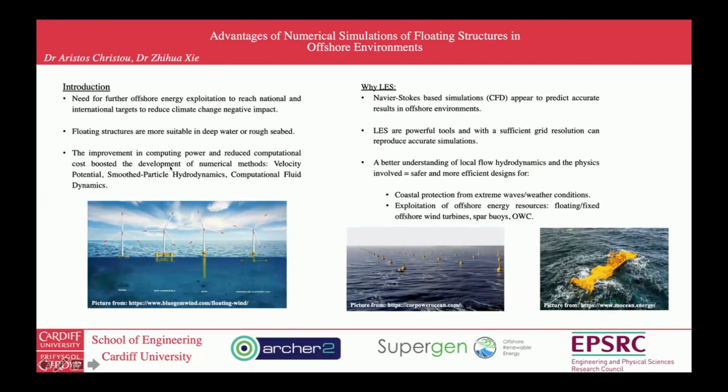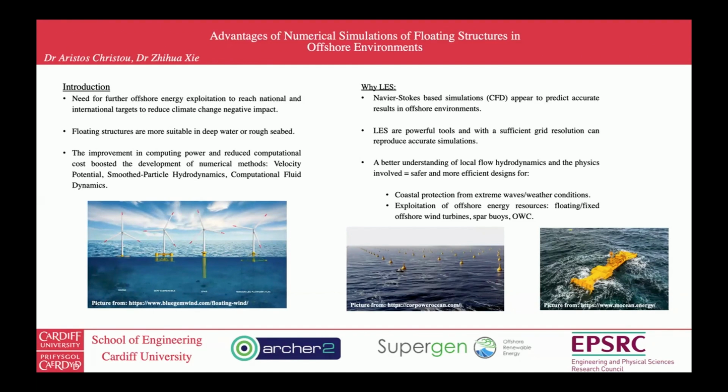First of all, and I'm sure as we all know, there's a big potential in offshore energy exploitation in order to reach national and international targets to reduce the climate change. And obviously nowadays floating structures seems to be much more suitable when it comes to deep water or rough seabed compared to fixed solid structures.